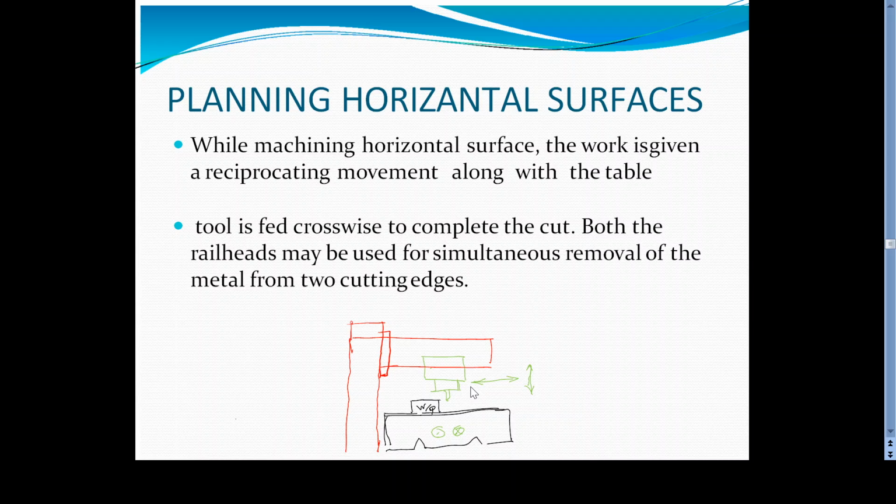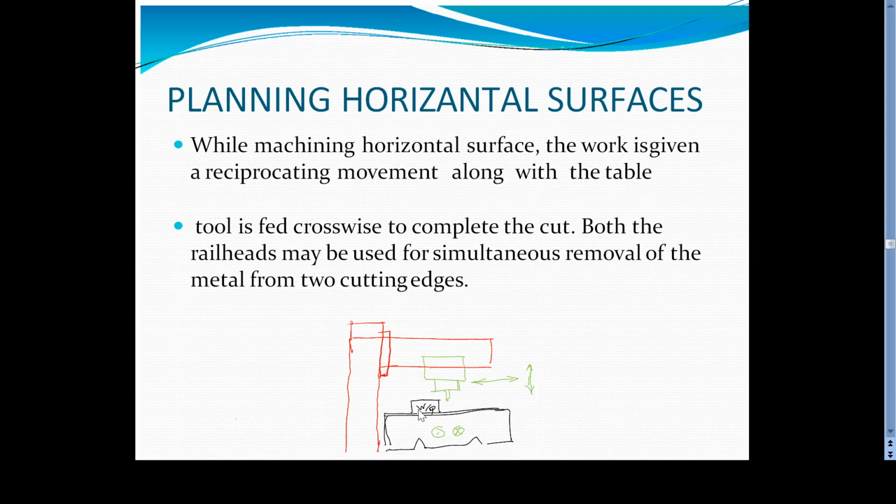We can have two types of movements for the tool head: the horizontal movement on the cross rail and the vertical movement. Both are possible. The vertical movement is by lifting and lowering the cross rail, and the horizontal movement is the tool head moving on the cross rail along the horizontal axis.